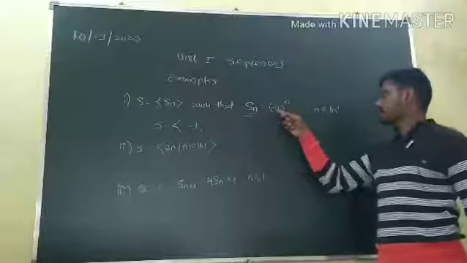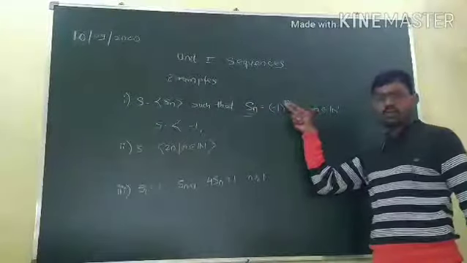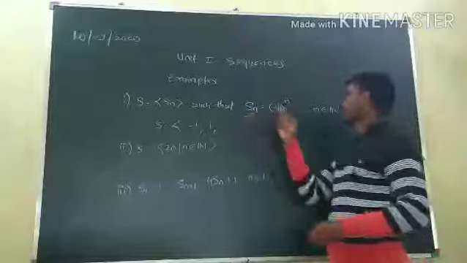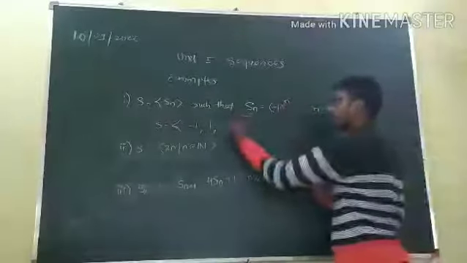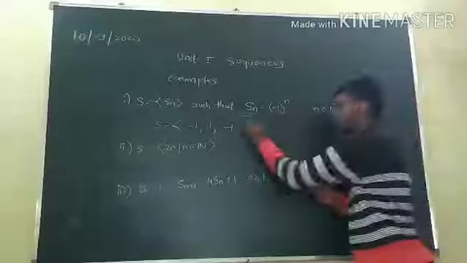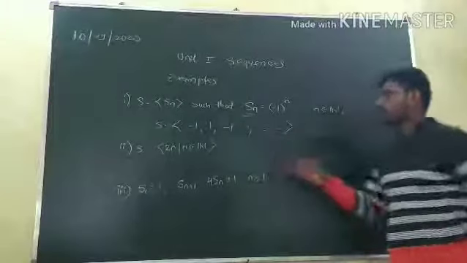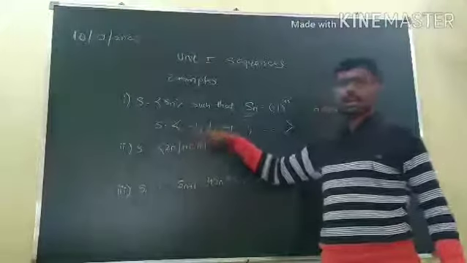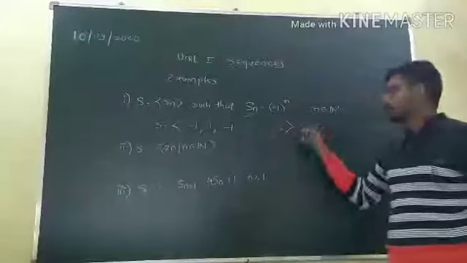We will get minus 1 raised to power 2, the square of minus 1, which is 1. Continuing the process, we will get minus 1 cubed, which is minus 1. Next, the fourth power of minus 1, which is 1, up to so on. This is the sequence: S is equal to minus 1, 1, minus 1, 1, up to so on.